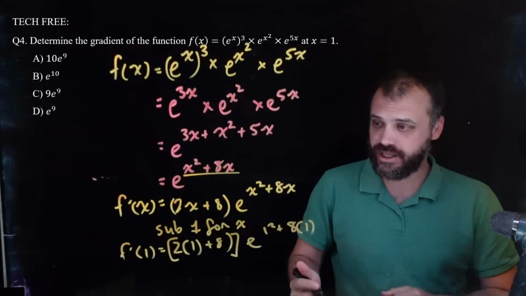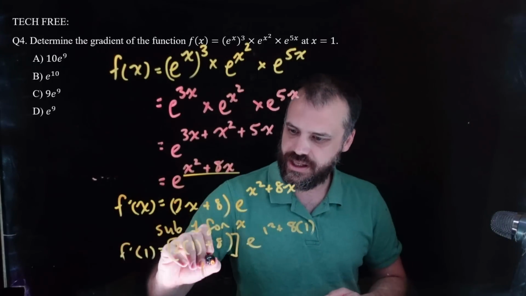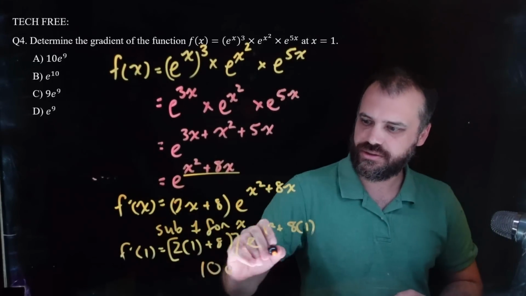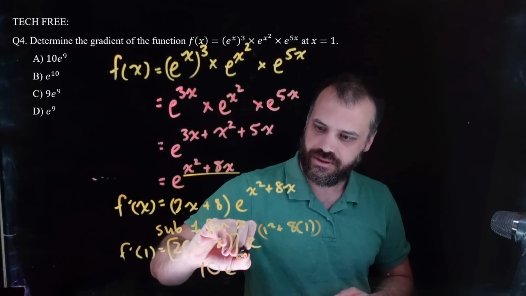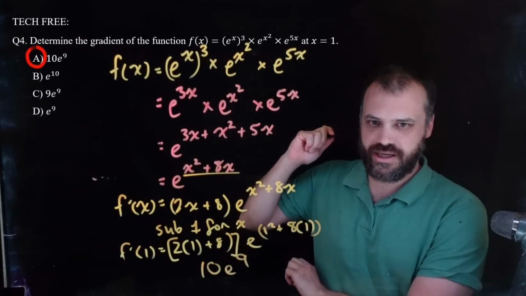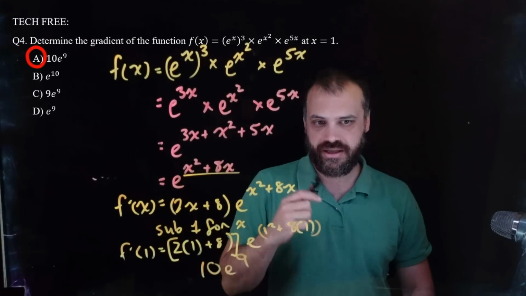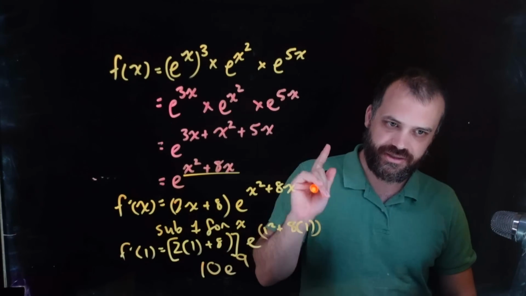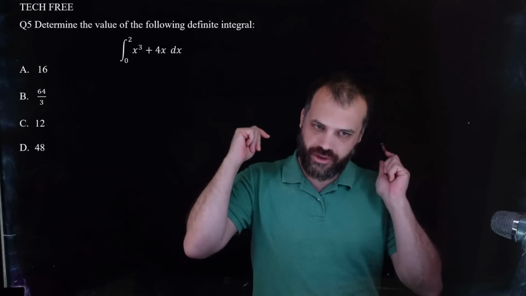Wow, actually not too bad. 2 plus 8 is 10, e to the all of this, 9. 10e to the 9. Is that answer in our list? Yes, it is. The answer is A. Celebrate.